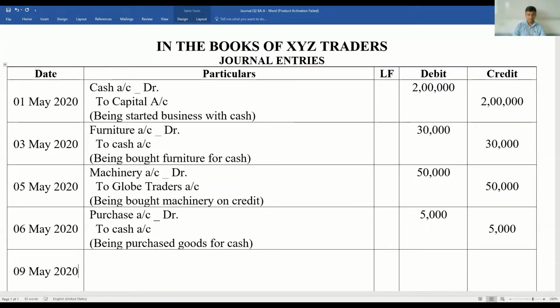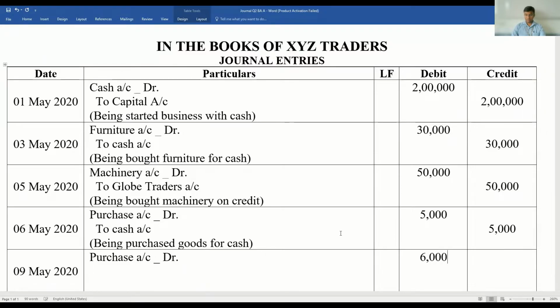Ninth of May, purchase goods from Bharat for cash. Purchase goods from Bharat for cash. Purchase account debited. Purchase account debited.